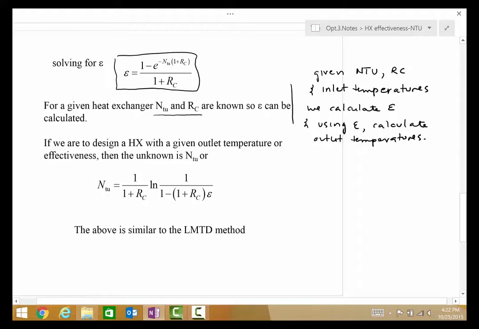If we were to design a heat exchanger with a given outlet temperature or effectiveness, then typically the thing that we have to do is figure out what the size of that heat exchanger is, and that means that we're really looking for NTU.